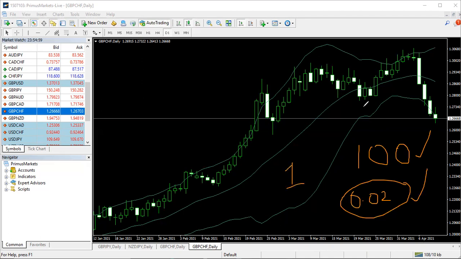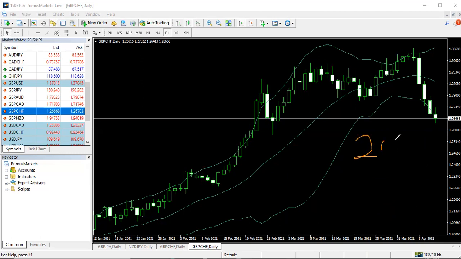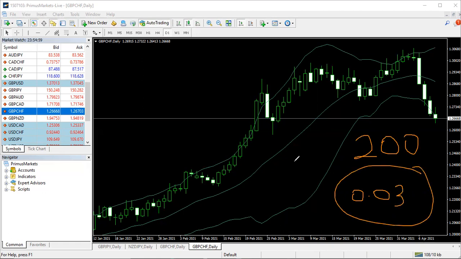Is that okay? Now, if you have an account balance of say $200, please go with a lot size of 0.03, and you also place just a single trade. Don't go more than that. Is that okay?